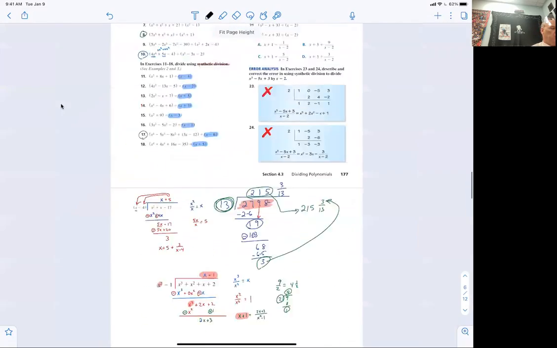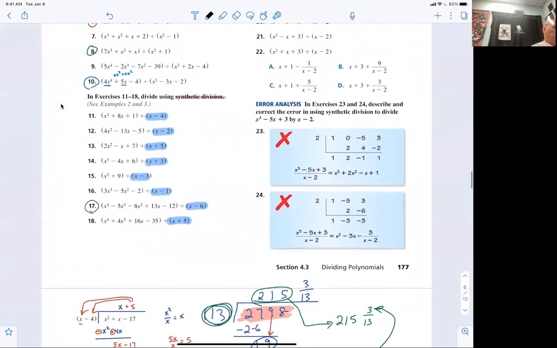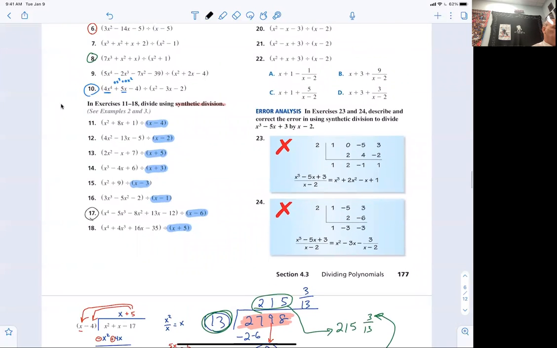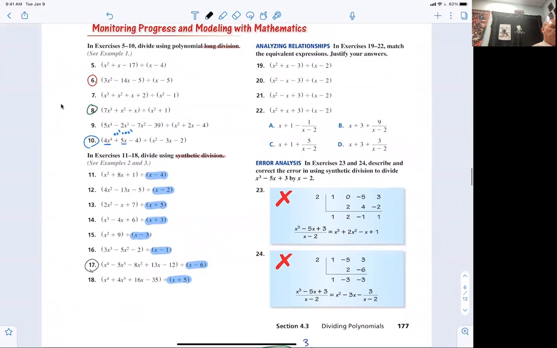Does everybody agree the synthetic division is not a big deal? I do think the long division is important. Let me just highlight a few things, and I want you guys to highlight these. You're going to do the long division for 5.